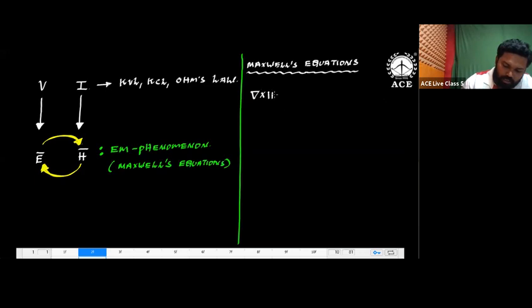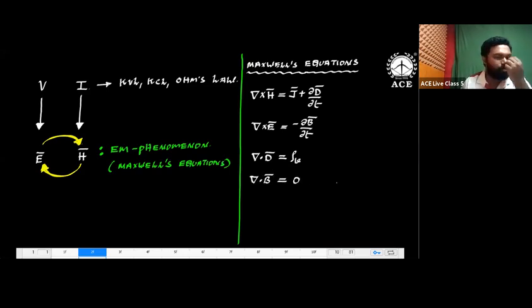Del cross H is equal to J plus dou D by dou T. Del cross E is equal to minus dou B by dou T. Divergence of D is equal to rho V. Divergence of B is equal to 0.